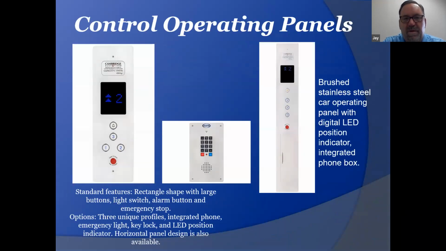And here are control operating panels. I couldn't find any, but they do have different buttons and so forth for people with mobility issues who have a hard time pushing buttons. You'll see some of those in a video I've got coming up.